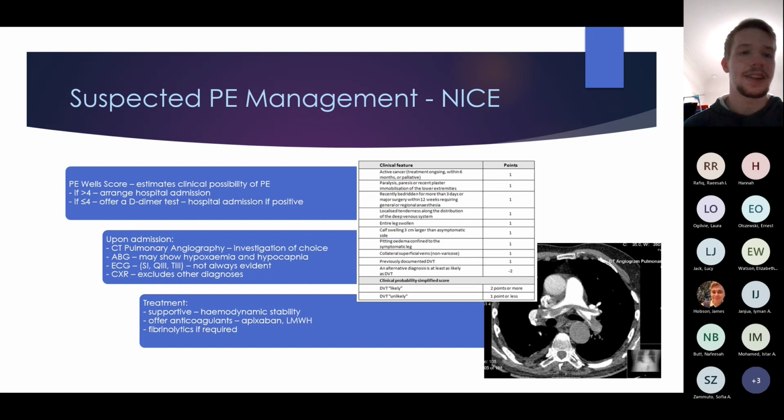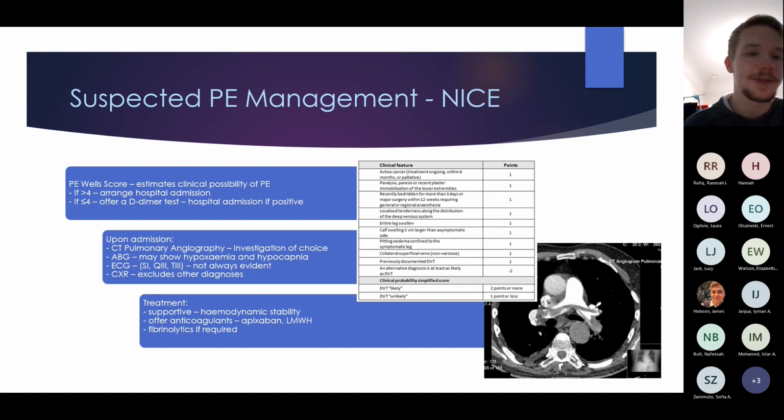But I can't remember, something like 25% of the cases that's evident. So you're more doing that to rule any other cause out, and that's the same with the chest x-ray if you order one. It's to exclude any other causes of that chest pain.